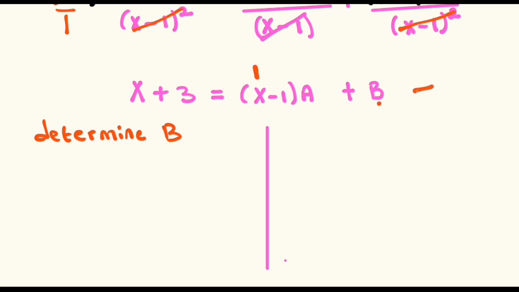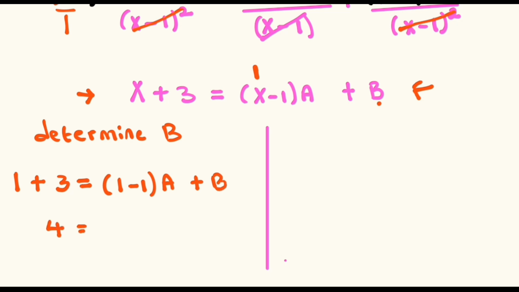So in this equation, we substitute 1 for x. Where there is x, we substitute 1. 1 plus 3 will be equal to 4. 1 minus 1 will be equal to 0, and 0 multiplied by a will be 0, and our b will be equal to 4.